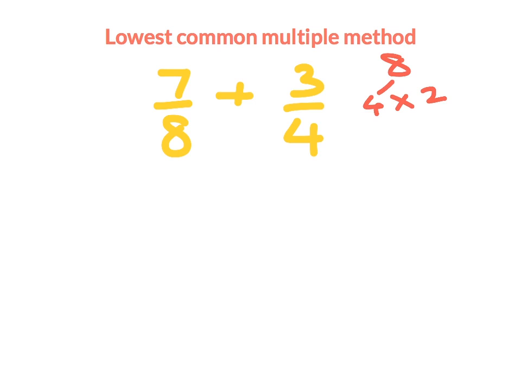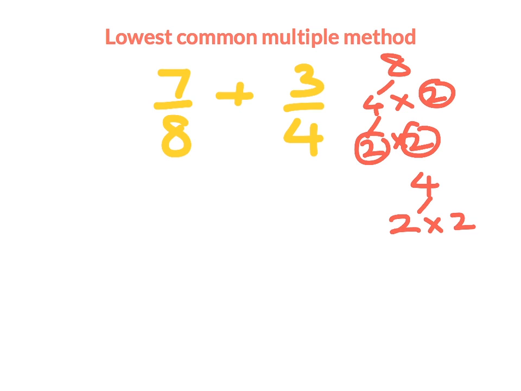So 4 is the same as 2 times 2. So now we have how many prime numbers? That is 1, that is 2, and that is 3. Now let's do the same for 4. So 4 is 2 times 2, and that's it, because we already reached the prime numbers. We can't go any further.